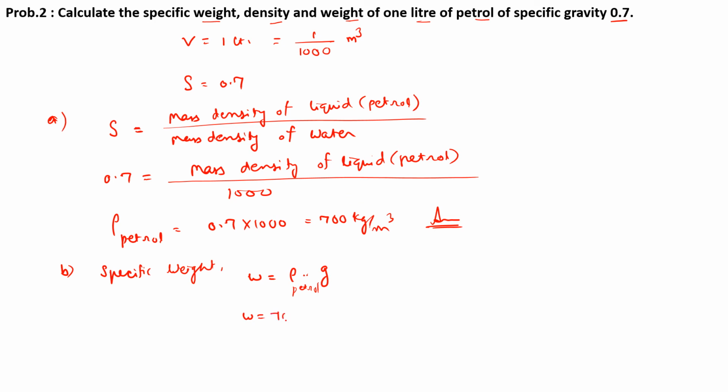This is 700 into 9.81. So we approximately get weight density as 7000 Newton per meter cube.